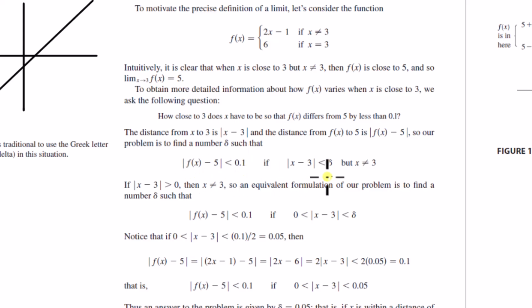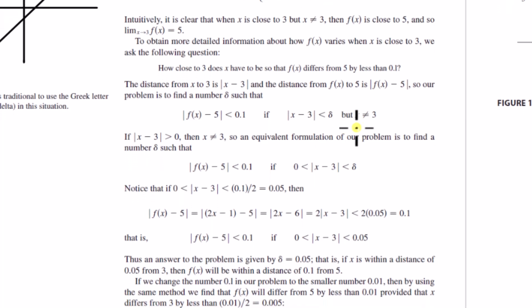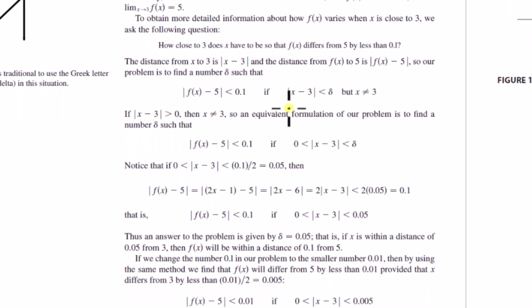Okay, so let's continue to analyze this. So what they do next is they say that we can restate this here without having to say x is not equal to 3 by just stating that the absolute value of x minus 3 is less than delta and greater than 0. So now, in this case, x can't be equal to 3, because if it was, then the absolute value of x minus 3 would be equal to 0.